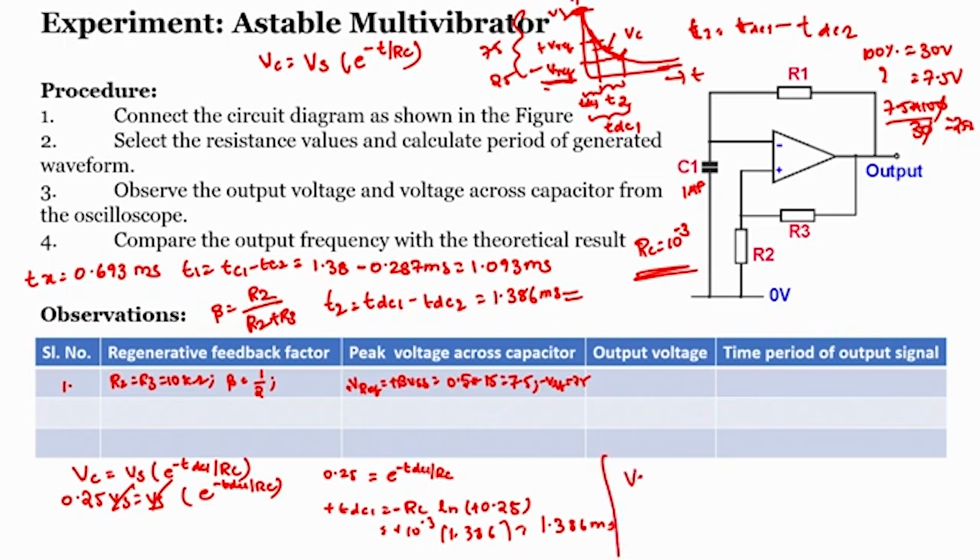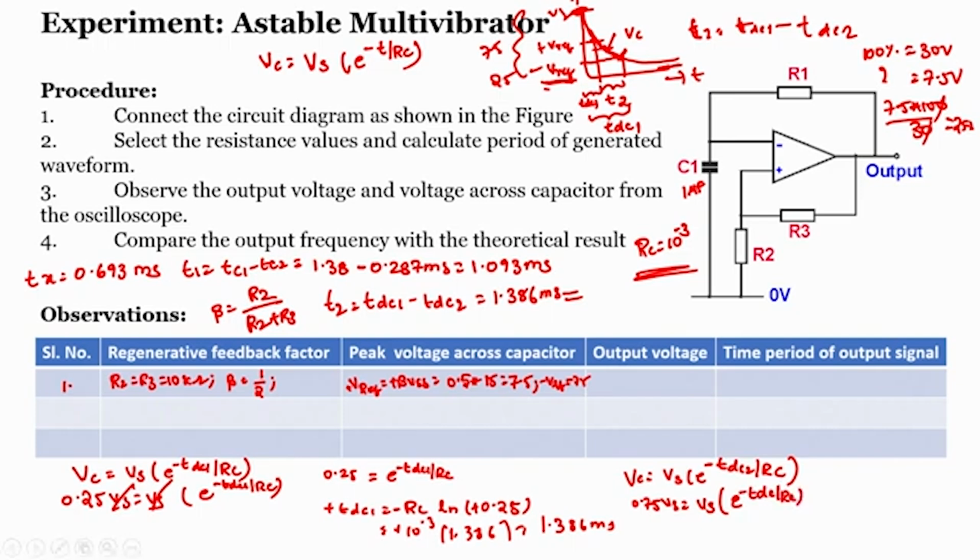So, I will say Vc is equal to Vs into e power minus TDC2 by Rc. What is Vc? Now, this is 75% of our full value, so 0.75 of Vs is equal to Vs into e power minus TDC2 by Rc.